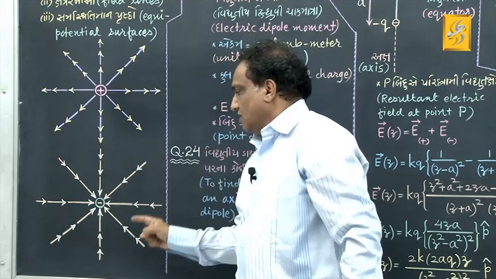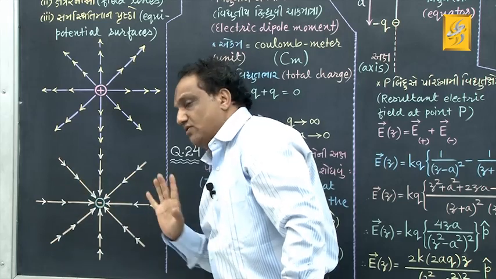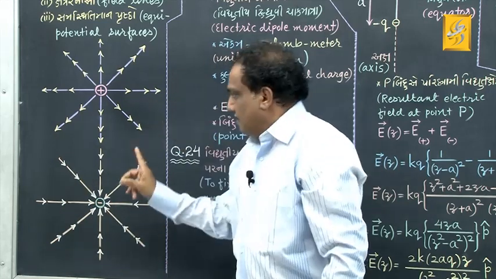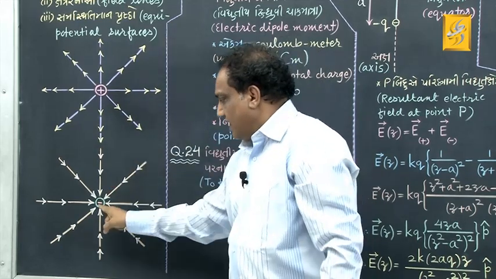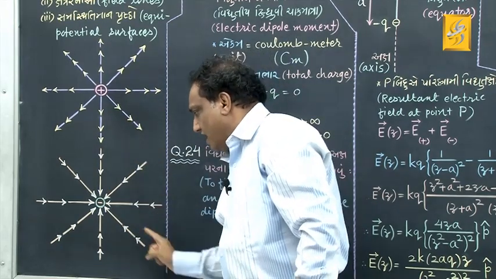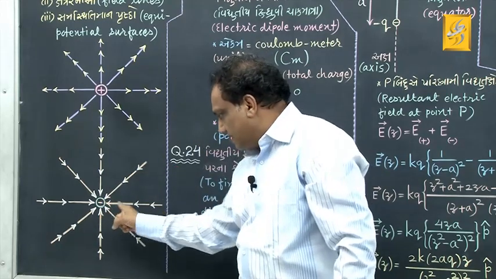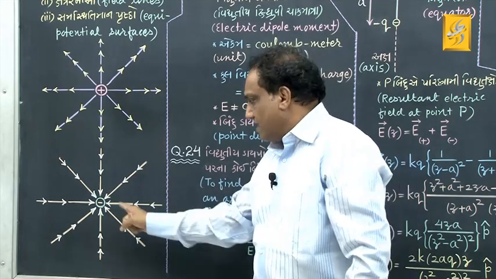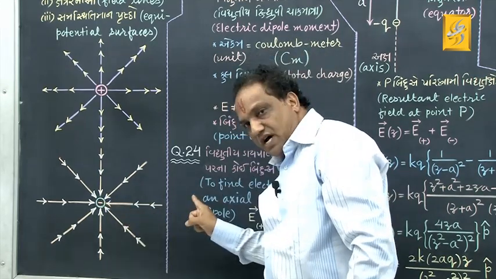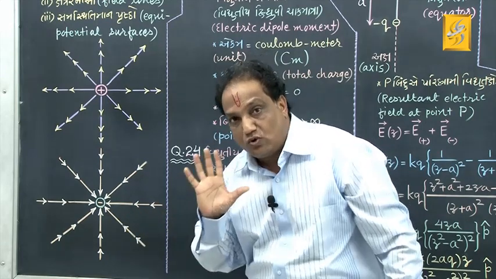Have you noticed that all these arrows are pointing towards this negative charge? Okay. For a positive charge, electric field is away from it. For a negative charge, electric field is towards it. And here also, as distance increases, the magnitude of electric field decreases. That's why as you move away from the negative charge, you must show gradually shorter and shorter arrows.